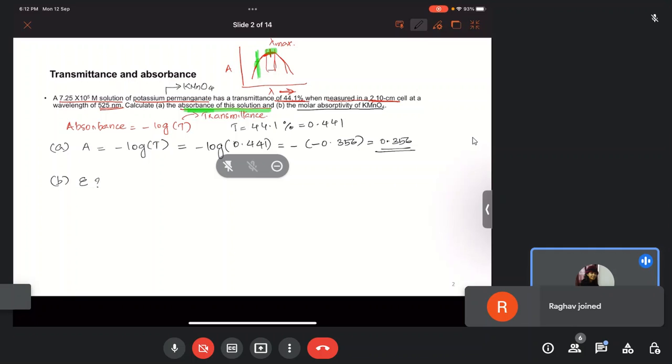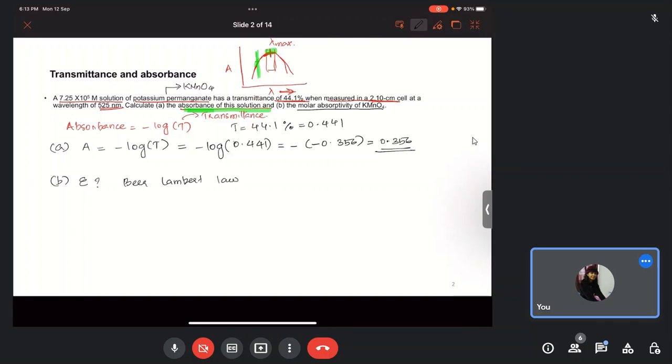From the Beer-Lambert law, which has been covered in the class, the absorbance of any solution is equal to epsilon L c, where epsilon is the molar absorptivity, which is a property of a particular molecule, L is the path length of the light, and c is the concentration of the chromophore.